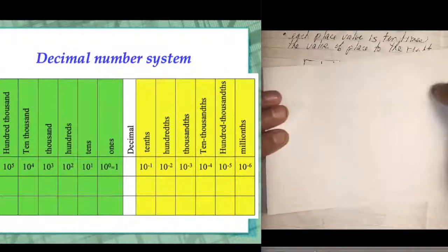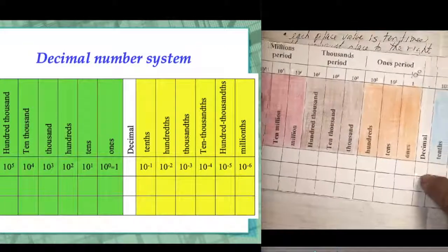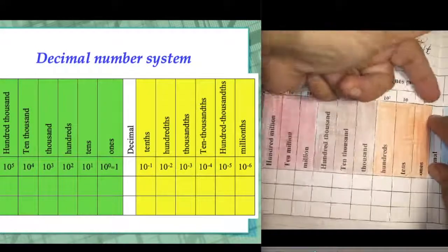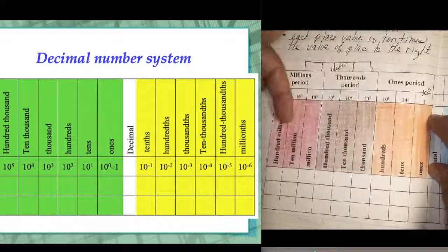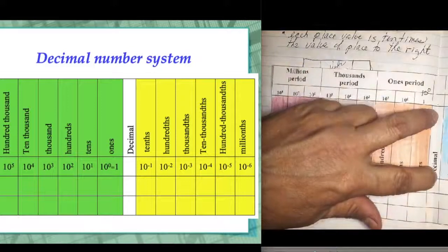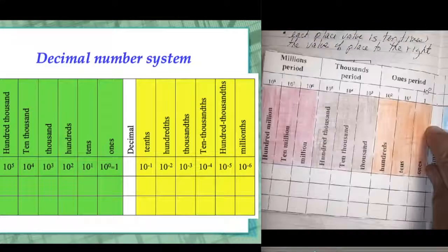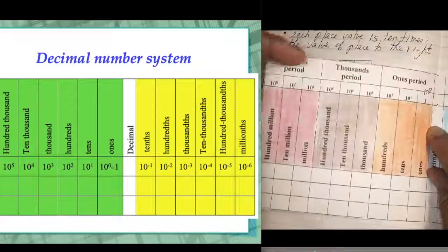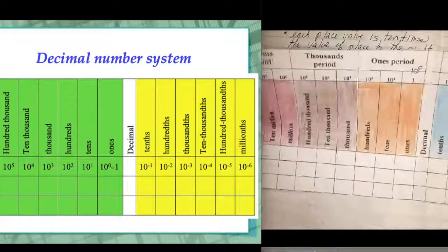I'm going to run some glue down this, and I chose to fold it where it says decimal. You can fold it anywhere. And this way I have my whole numbers greater than 0 on my left and my decimals to the right. Okay. And we'll use this later. So here is the whole decimal number system place value chart.